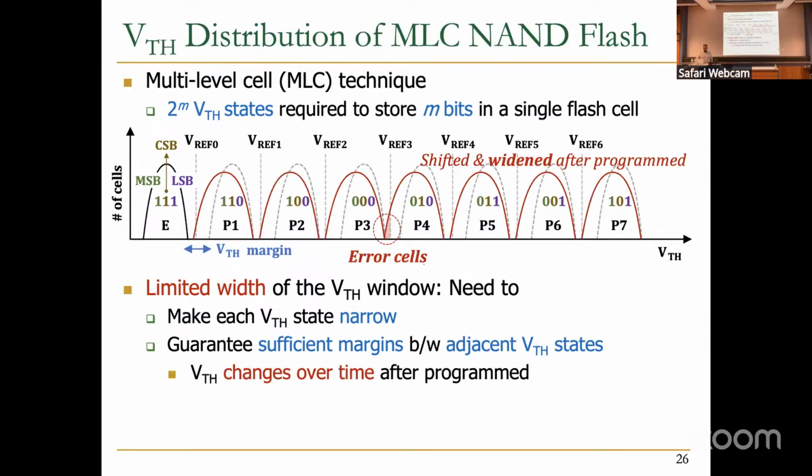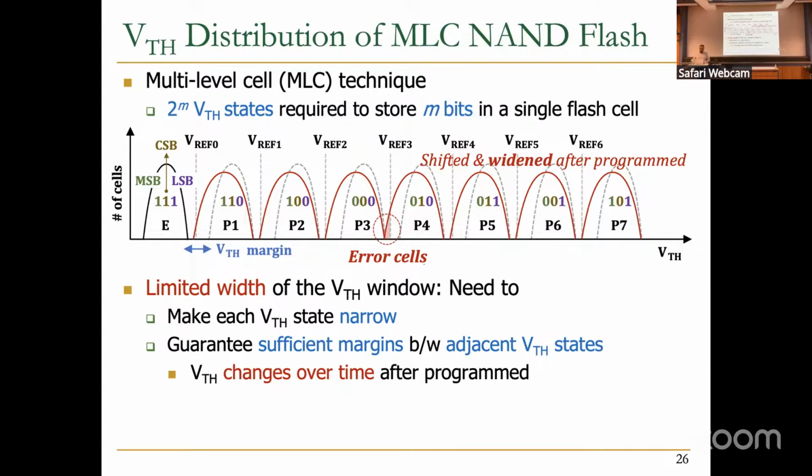The problem is that after some time, these thresholds change after program, and they are shifted and also widened, because some cells leak charge faster, some cells less. So in the end, your distribution is not sharp anymore.